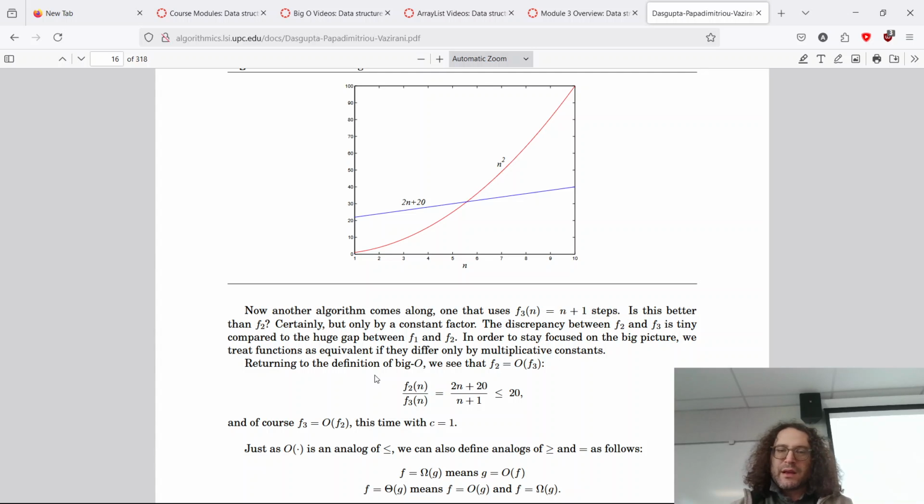So we don't generally measure runtime in seconds when we're trying to compare algorithms, because hardware changes throughout the years, and if I'm reading a paper from 10 years ago that says this took this long to run, that doesn't necessarily tell me much about what it would run today.